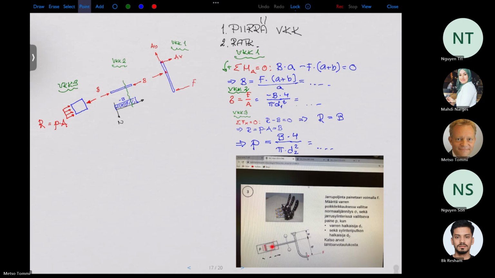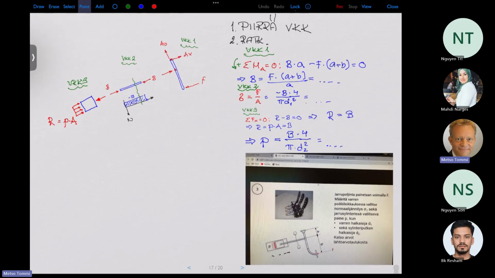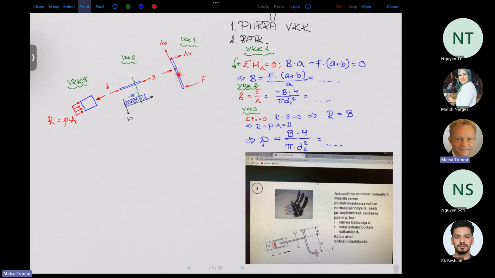Okay, and as earlier, we always start with the free body diagram. And you can see here, I have divided the system into 3 different free body diagrams. First is the pedal, then this connection rod, and then this piston.